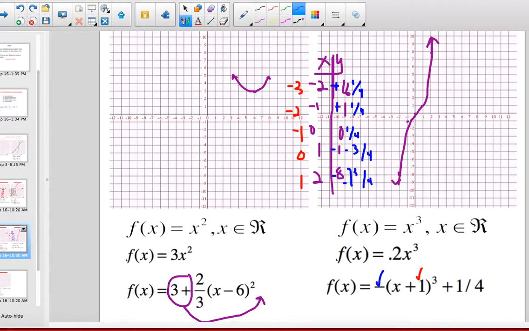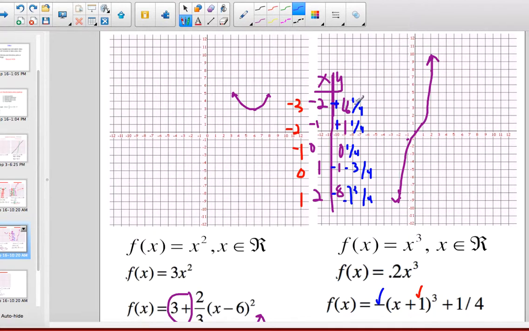Now you just need to graph it and use these as your x's and the purple as your y's. So you got negative 3, 8 and 1/4, right about there. Negative 2, 1 and 1/4. You got negative 1, 1/4, 0, negative 3/4, and 1, negative 7 and 3/4.